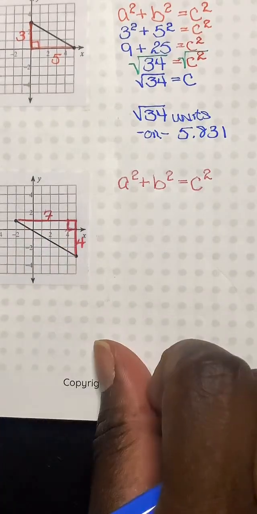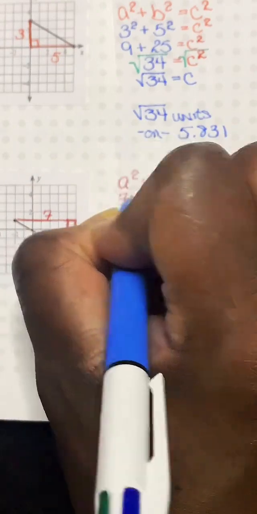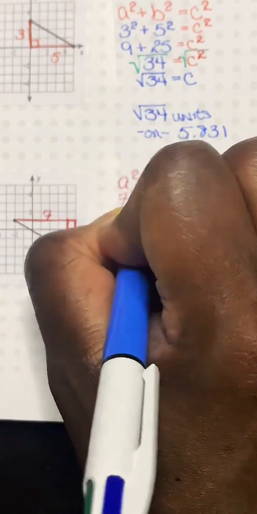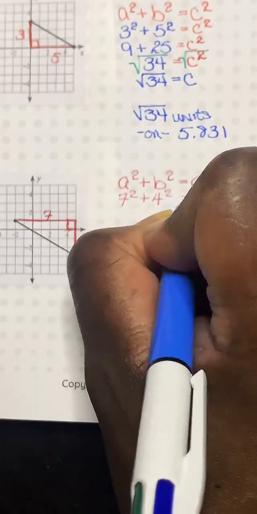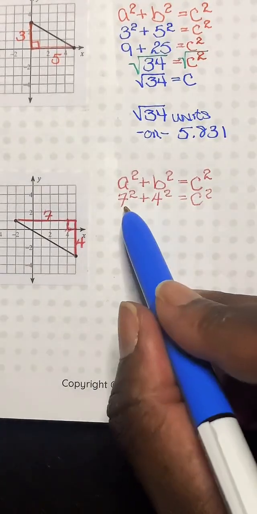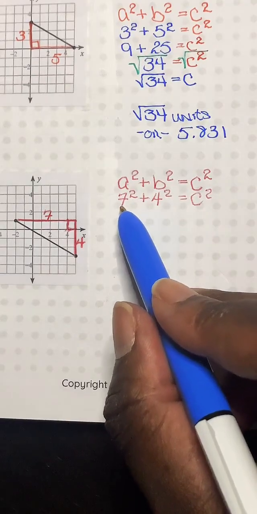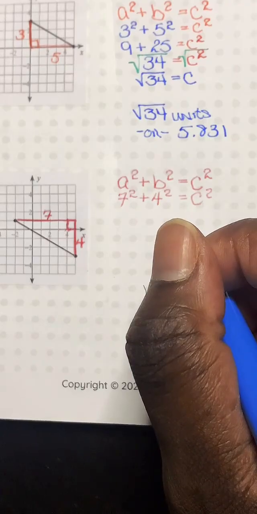It doesn't matter which one comes first. Now I'm going to switch it up. I'll say 7 squared plus 4 squared equals c squared. 7 squared, 7 times 7 gives me what?